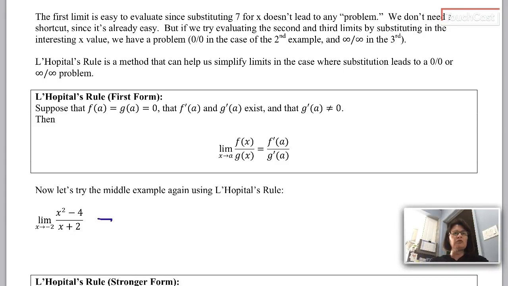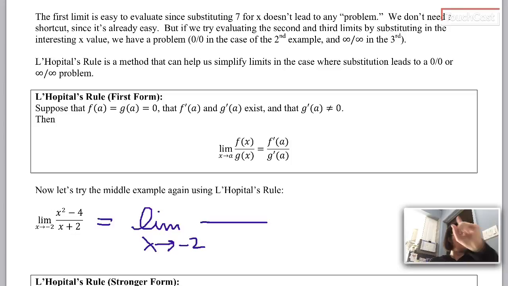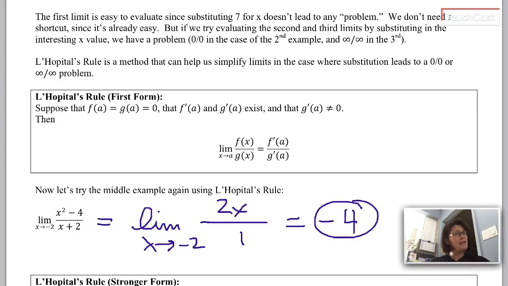L'Hopital's rule tells me this is going to be equal to the limit as x approaches -2 of f prime, so the derivative of the top, 2x. And in the denominator, the derivative of x plus 2 is 1. Now when I make that substitution in, -2 for x, I simply get -4 over 1, -4. Should be the same answer that you got when you did that middle problem up at the top.